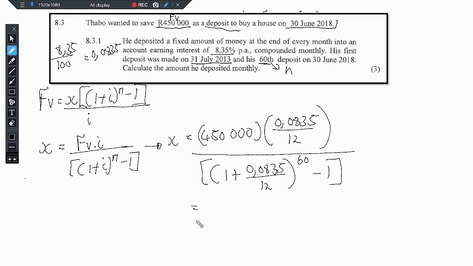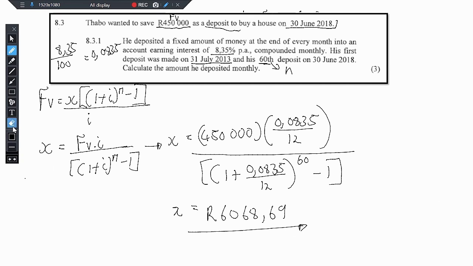Then all we have to do now is simply punch all of that into our calculator. And then we find that our monthly deposits or installments will have to be 6,068.69, rounded off to 2 decimal places, as per instruction of the exam.